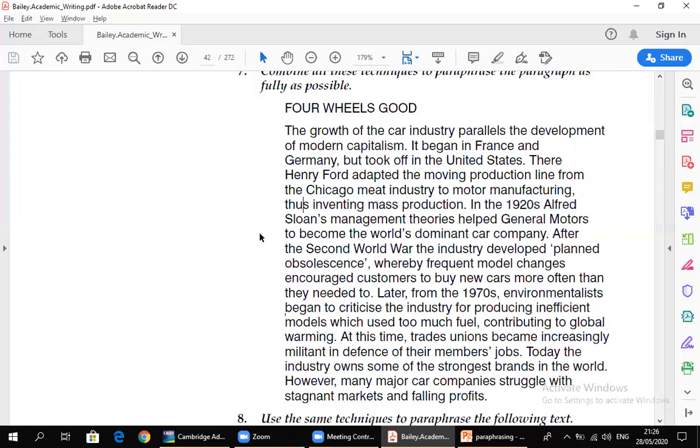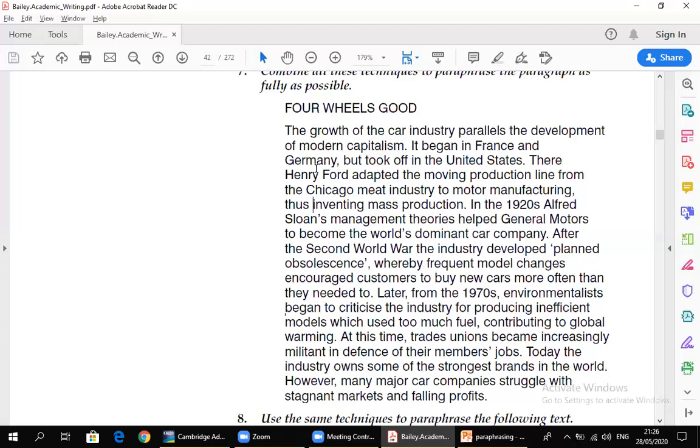Yes, the word thus, we can just remove thus. We can say which leads to, or which led to, if in the past, which led to inventing mass production.